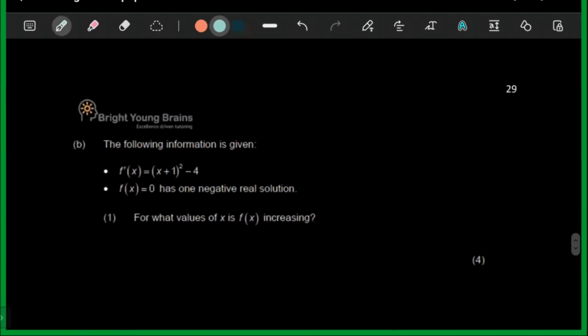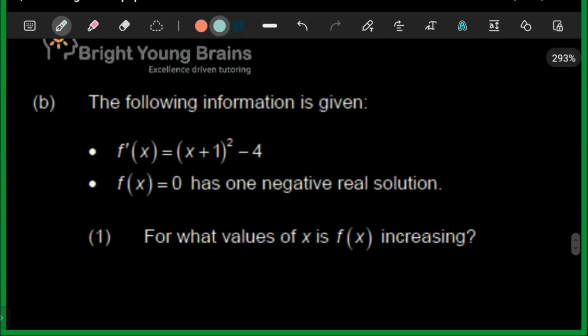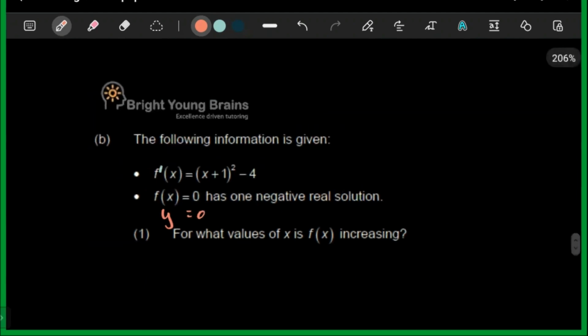You have this as a first derivative, so this is a gradient equation. Now it says here that in the original equation, the y value is 0. If your y is equal to 0, this has a negative real solution. So this is going to sketch a parabola, which is the first derivative.